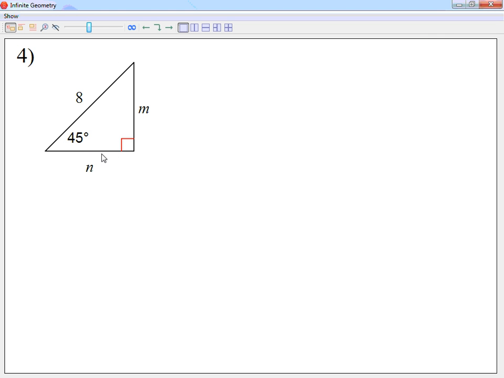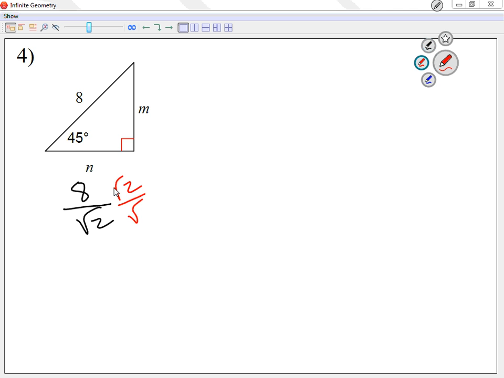If I had started from the side to get to the hypotenuse, I know I multiply by radical 2. Since I'm going backwards, let me write my 8 first. And I know in this case, I have to divide by radical 2. Because I'm going backwards, so I divide. No radicals at the bottom, so multiply top and bottom by radical 2. So I have 8 radical 2 over 2, better known as 4 radical 2.